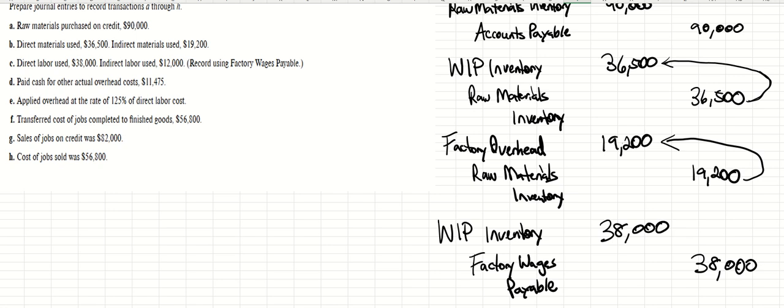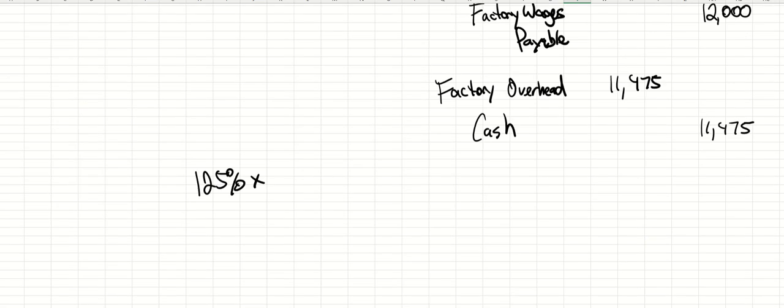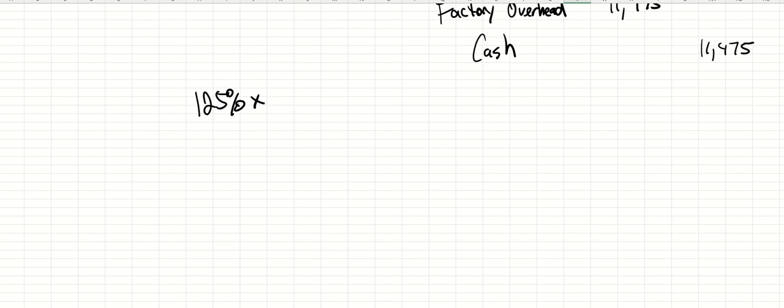They let us know direct labor costs are $38,000. So we're going to take 125% multiplied by $38,000. That's going to give us $47,500. Okay, so this is our overhead here.